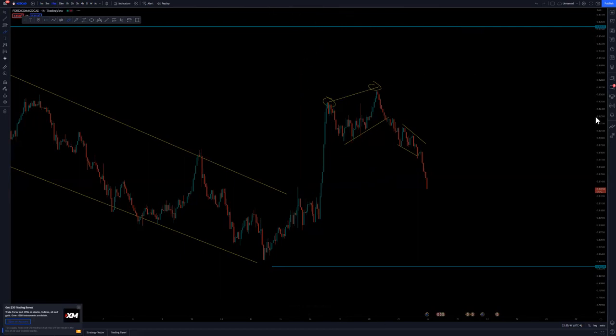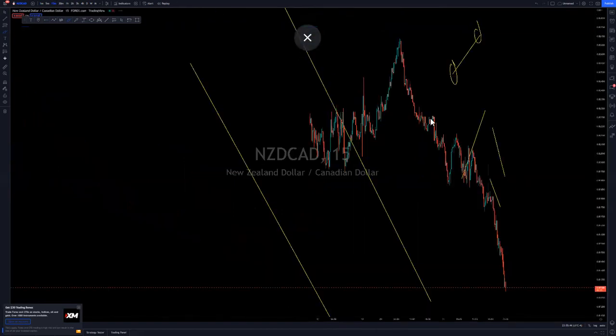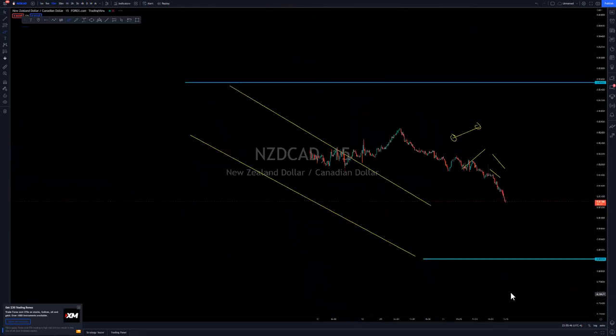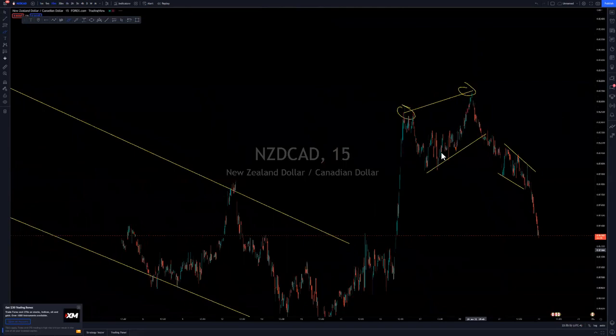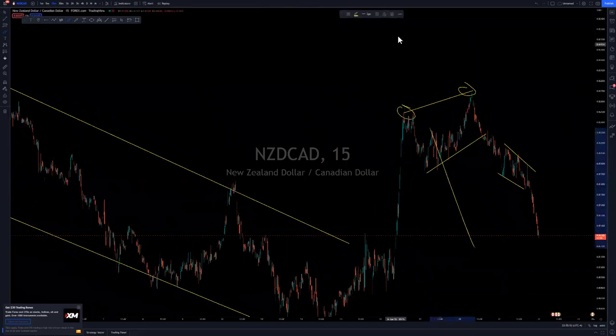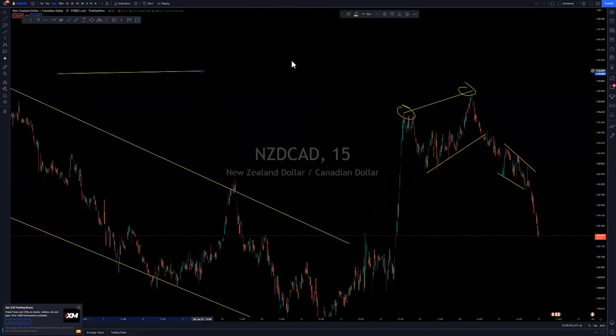Most of the entries that I take are on the M15. On the M15, guys, there are a lot of things that you can check.